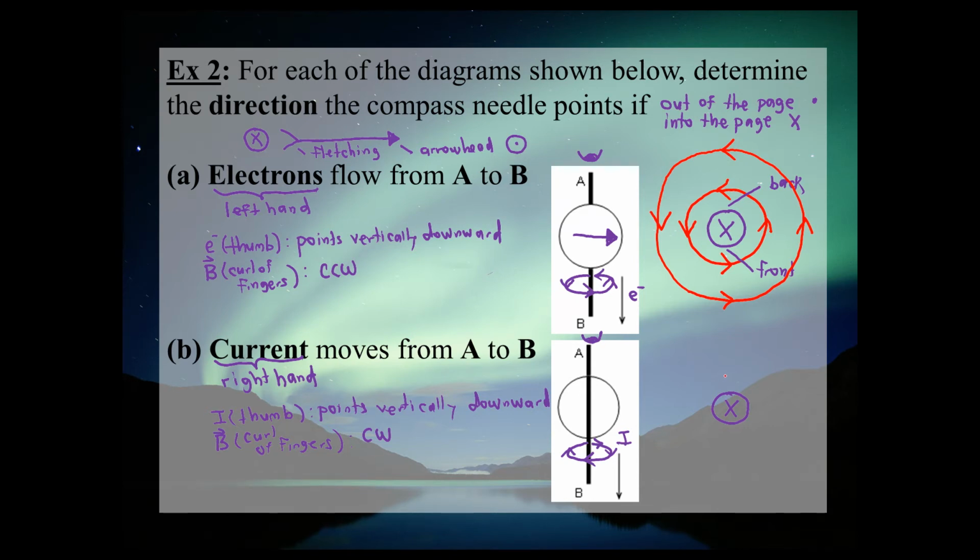Your magnetic field lines are circular around this wire from a top view perspective, and this time the curl of your fingers is in a clockwise direction. We'll draw that second circle as well, showing that if you make the spacing bigger, the field's getting weaker the further you get away.